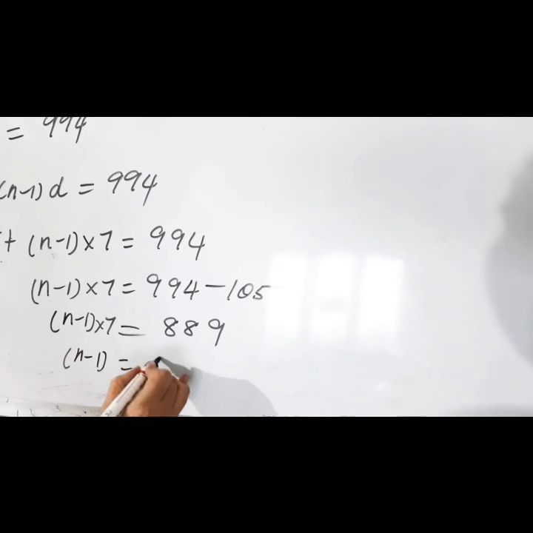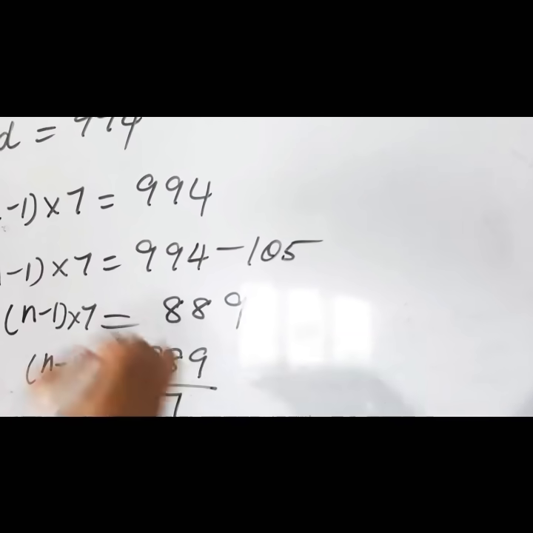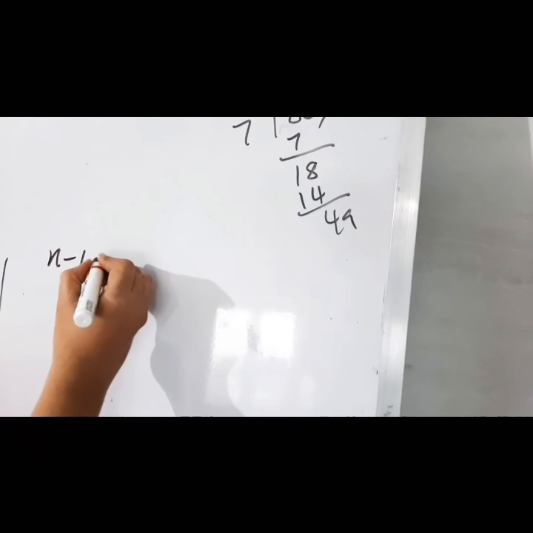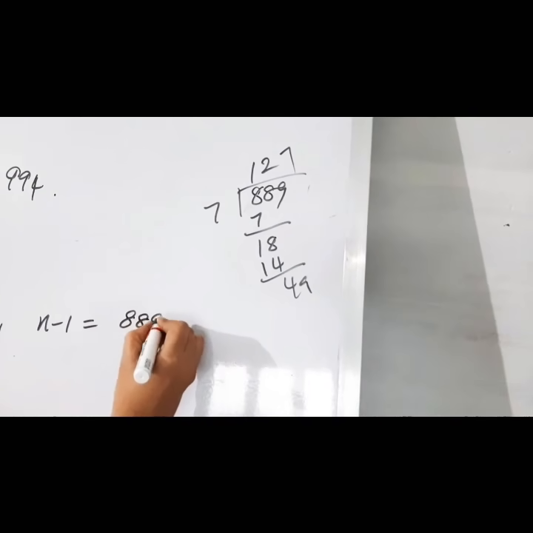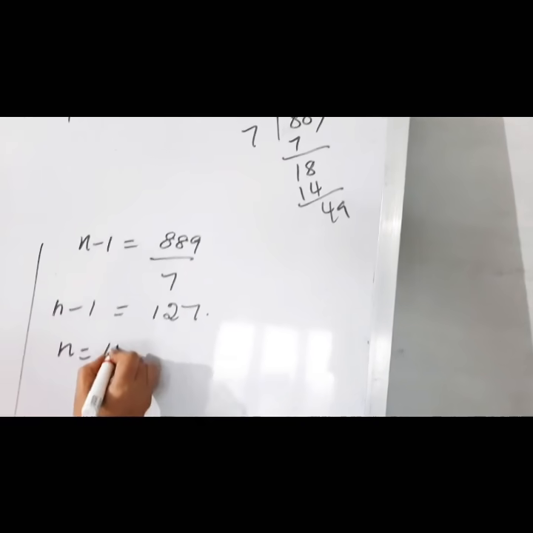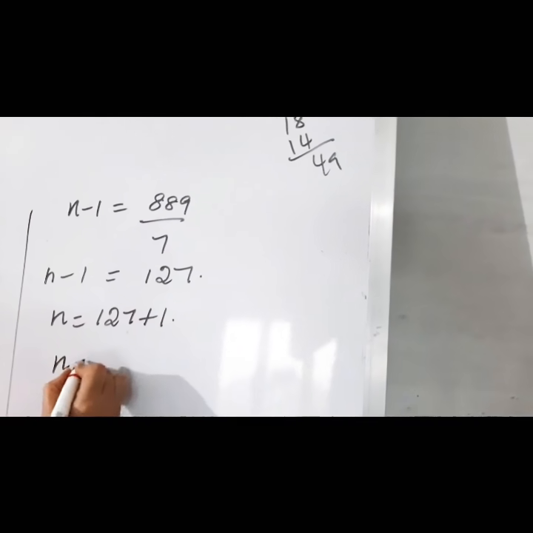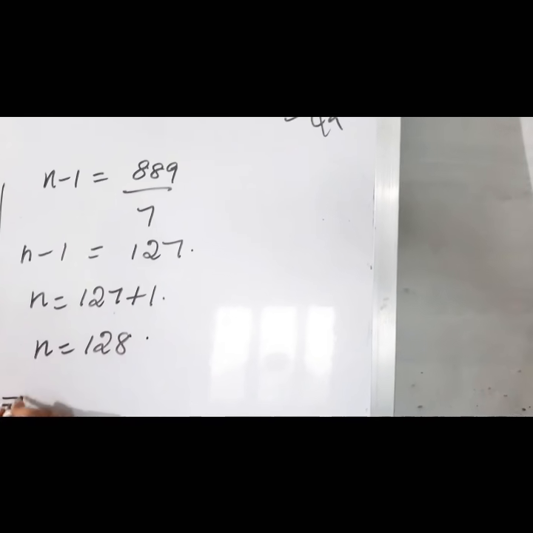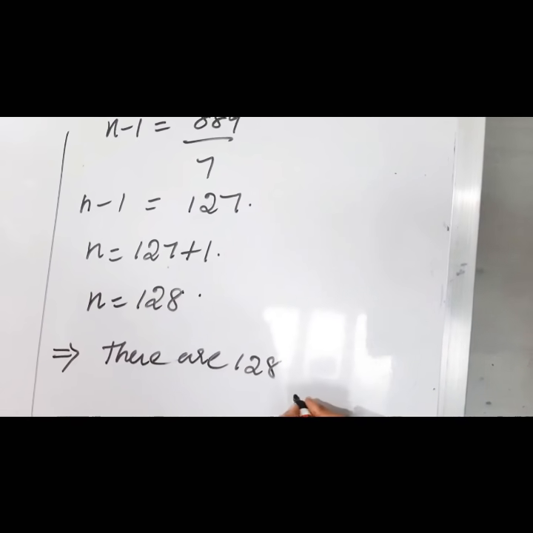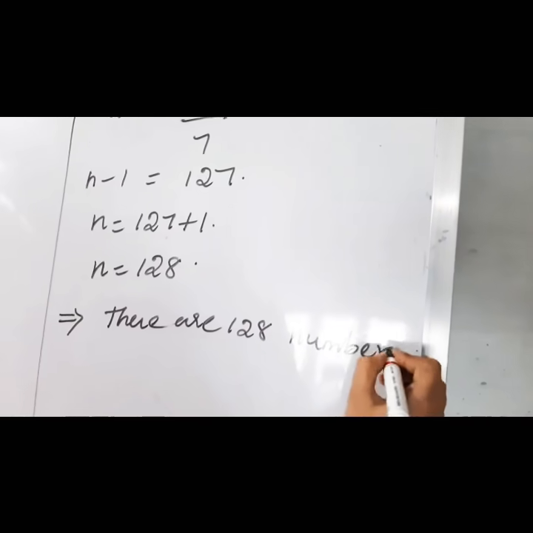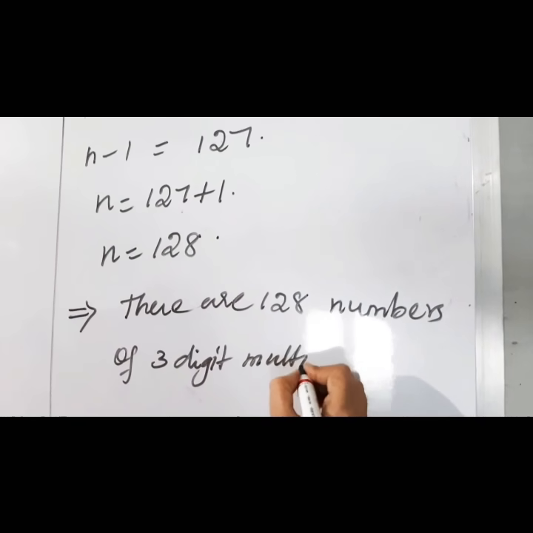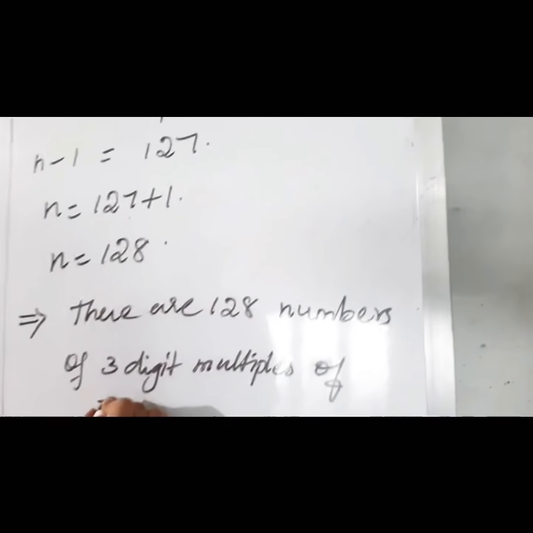So n minus 1 is equal to 889 by 7, which is equal to 127. n is equal to 127 plus 1. n is equal to 128, which implies there are 128 3-digit multiples of 7.